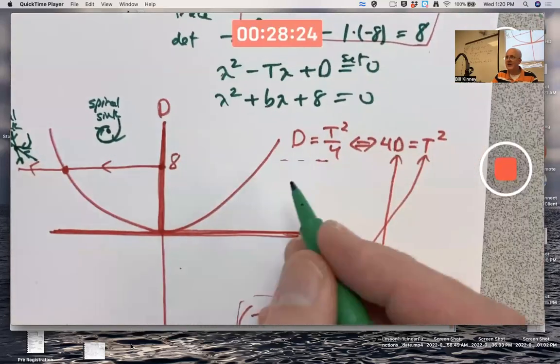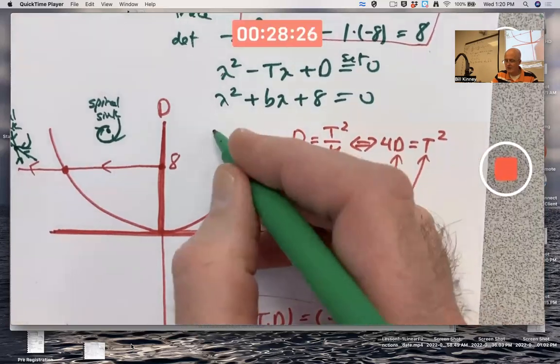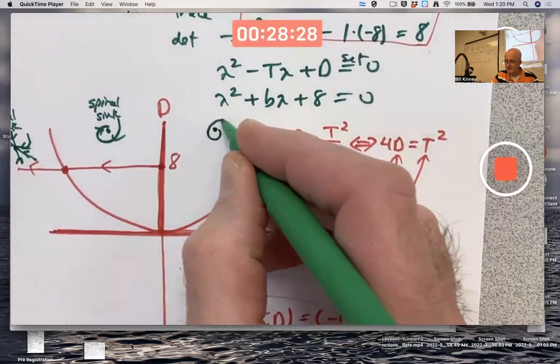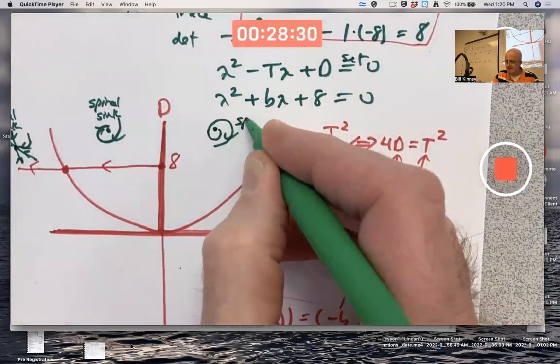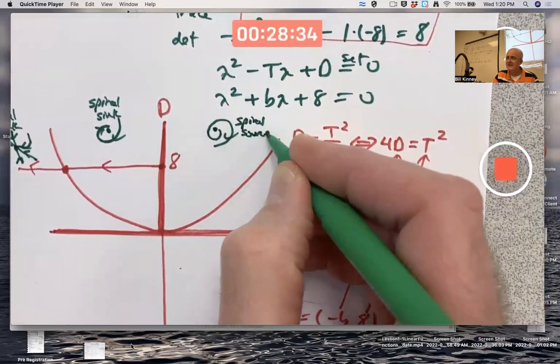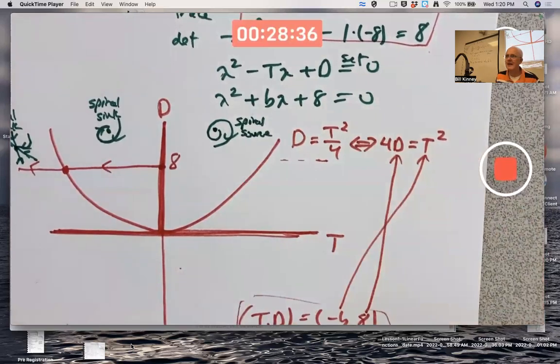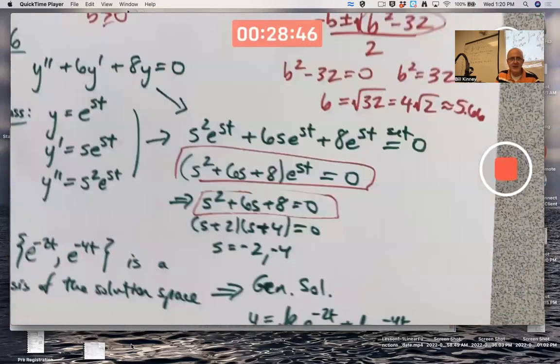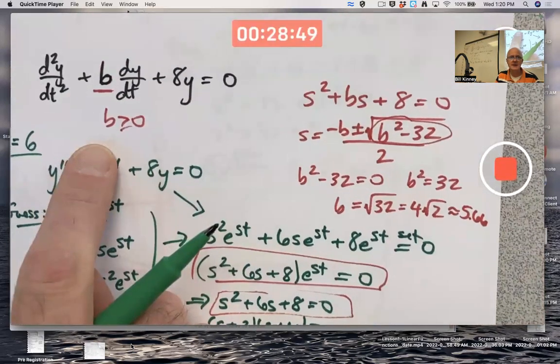If we allowed negative values of B, and we're over in here, the origin would actually be a spiral source. I guess instead of damping, you'd call that anti-damping, or maybe amplification. That would be a better word. Maybe if B is negative, that corresponds to a circuit you could make where there's an amplifier.